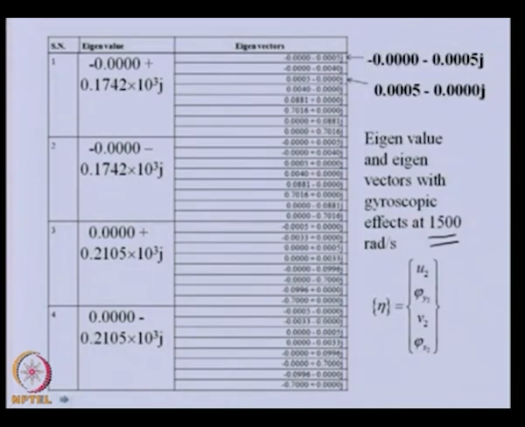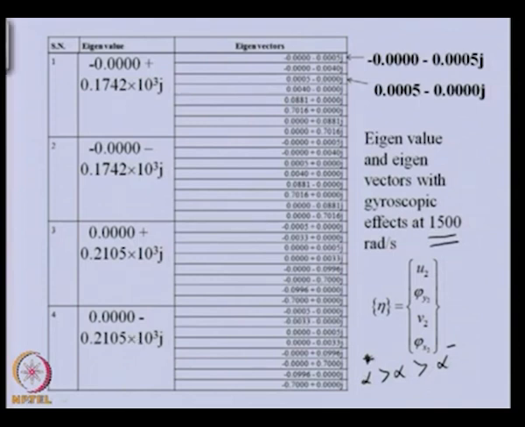Now one of the pair has a smaller value, another is a higher value. So as we discussed earlier, one is lower than the without gyroscopic couple, and one is higher.